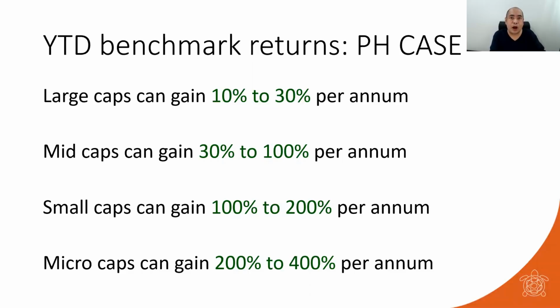There will be stocks that will defy these benchmark returns that we've carved out over a 9-year study. There will be stocks that will break that 400% return per annum upper limit for micro caps. And those stocks will tend to be unicorns. They'll generate 1,000% return once they break that 400% per annum upper limit that we've tracked.